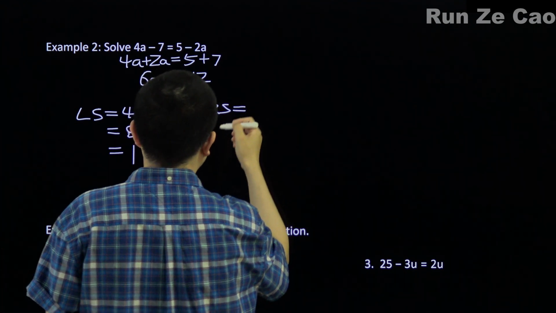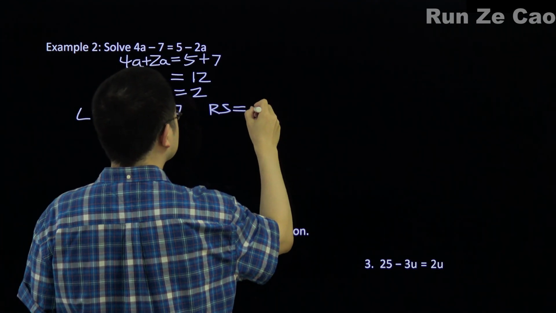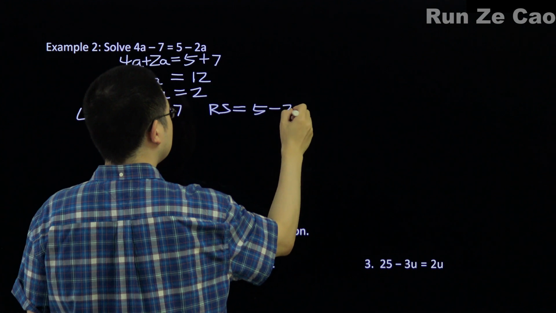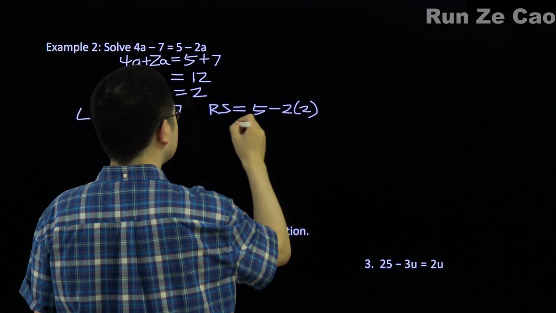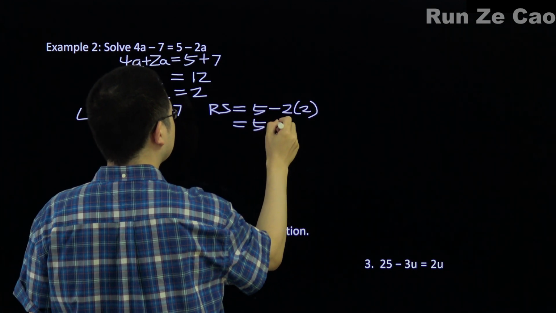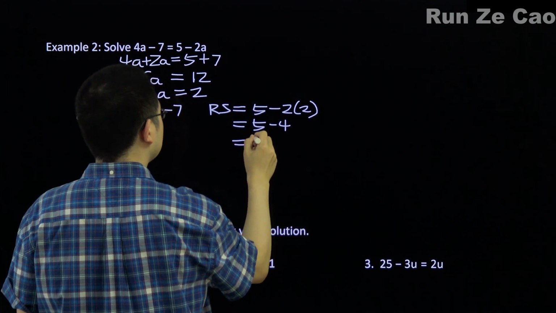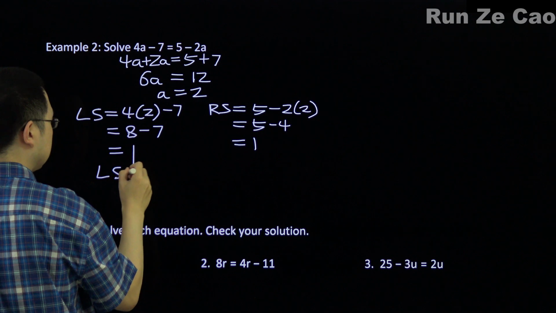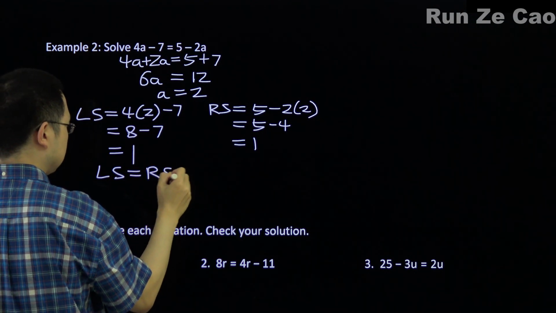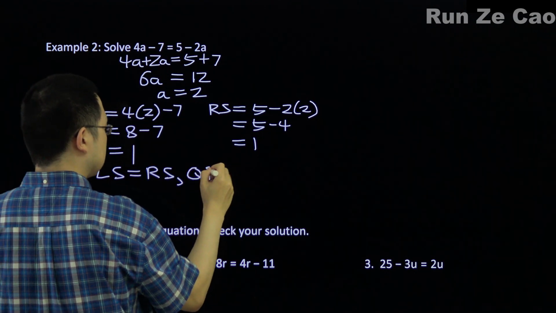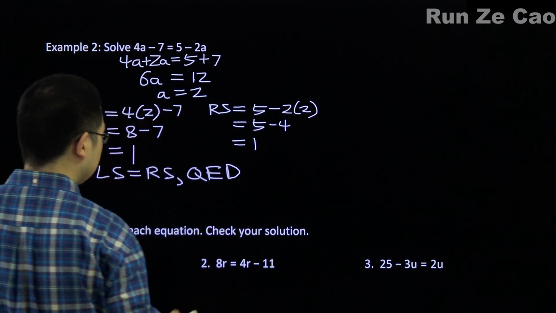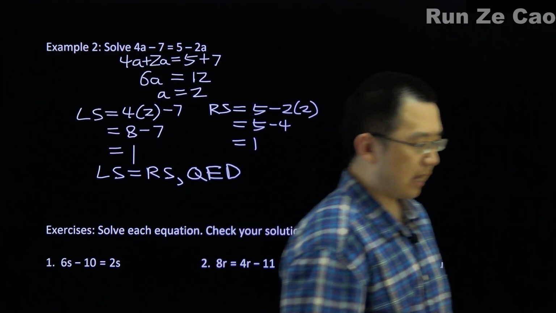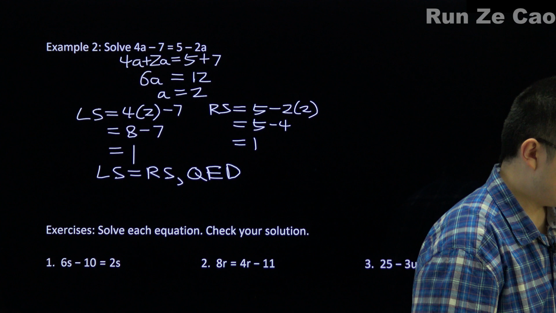Right side, well, 5 minus 2 times 2 is 1. 2 times 2, so 5 minus 4 equals 1. Thus, we have left side equals right side, QED. What's been asked has been shown.